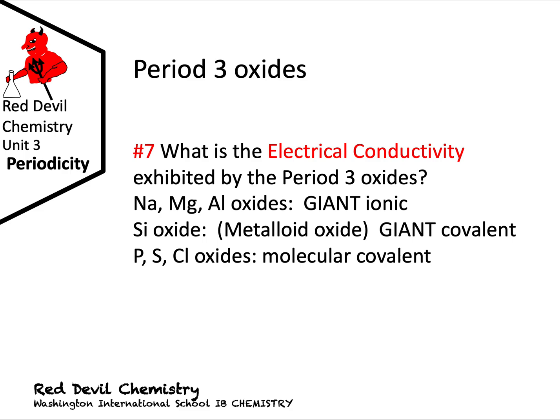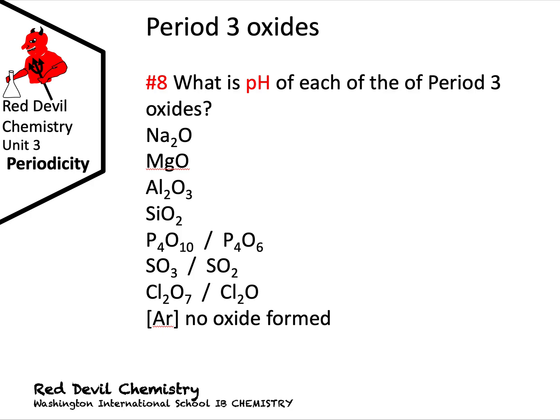So you'd have to melt them, and that's what you do. Which ones will conduct electricity when molten? So pause to consider that and put your answers down for later.